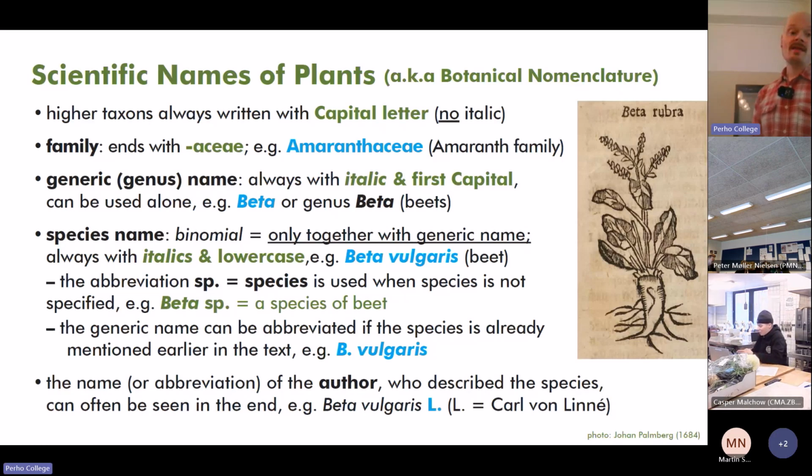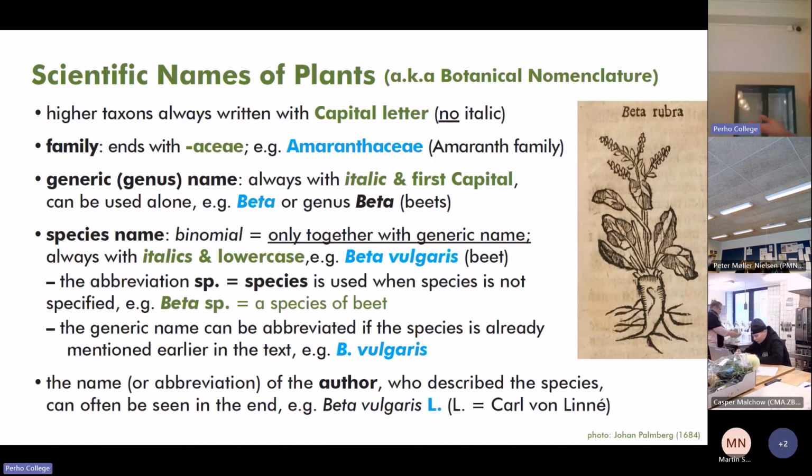Yeah, and then the species name is binomial, and it means that it's always used together with the genus name or generic name. It's always written in italics and lowercase. For example, Beta vulgaris, which is the beet plant. Here you can see how it's written.